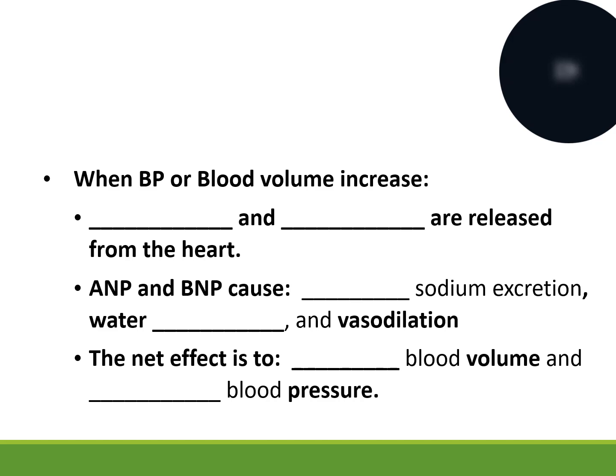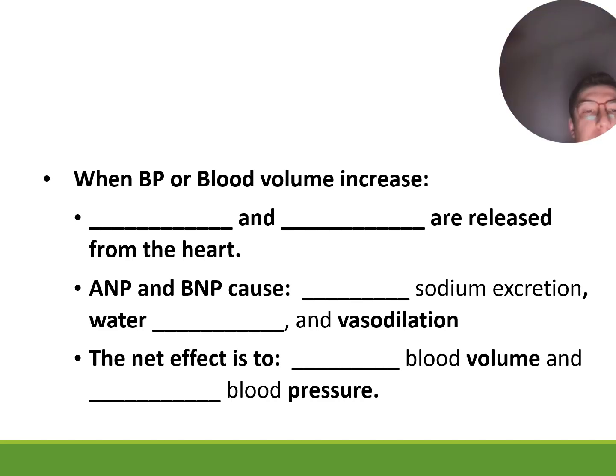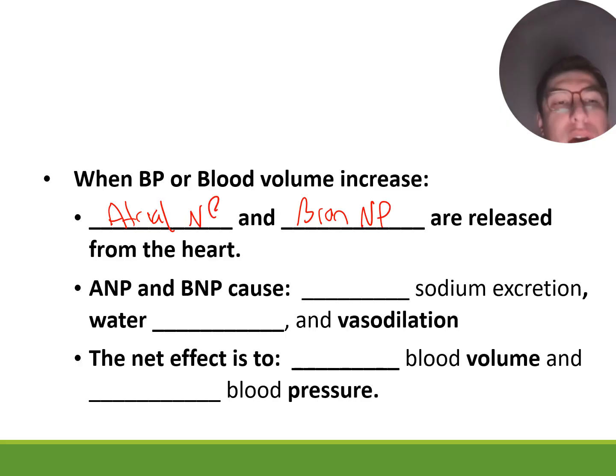So when we have an increase in blood pressure or blood volume, we have atrial and brain natriuretic peptides that are released from the heart.